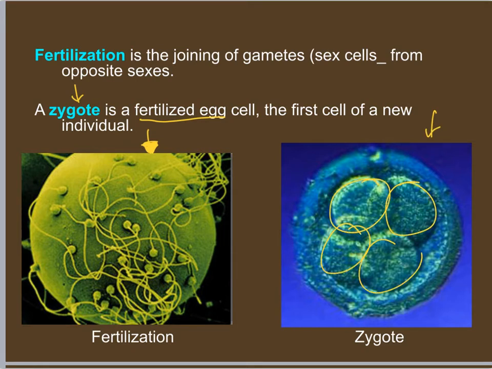Because that zygote, once it's fertilized, will divide and divide and divide. So 2 becomes 4, and 4 becomes 8, and 8 becomes 16, and it grows through exponential growth. That zygote will become a baby. It is the first cell of a new individual.